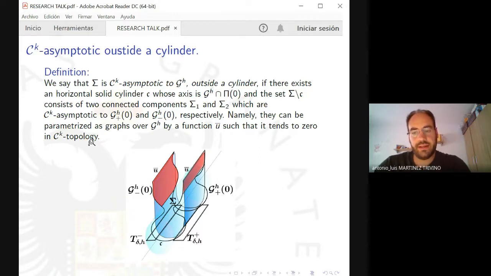Namely, they can be parameterized as a graph over the catenary by a function of class C^k such that this function tends to 0 in the C^k topology.